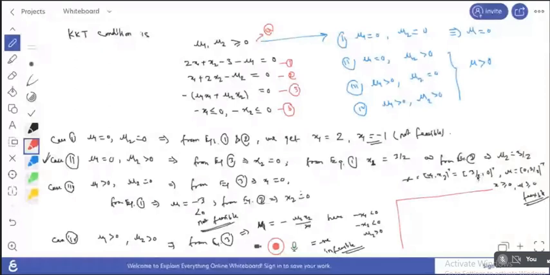Okay. So here, the feasible point which satisfies the KKT condition. We write here the feasible point satisfying the KKT condition. The KKT condition is only that x star equals x1 is 3 by 2 and this is 0, and mu star satisfies the condition that is 0 and 3 by 2.